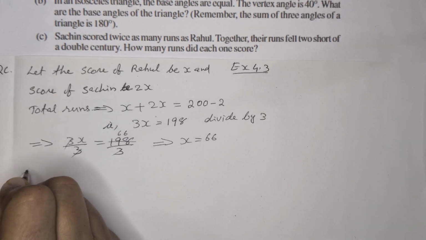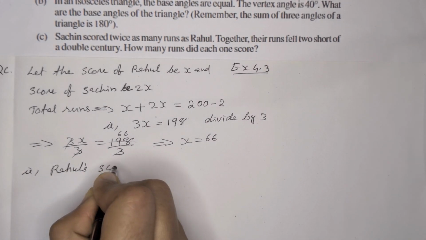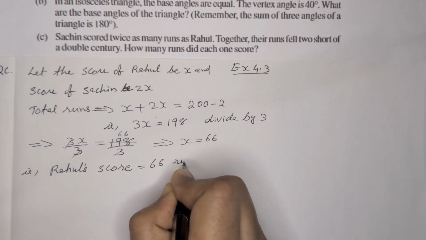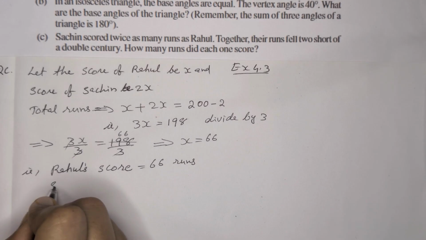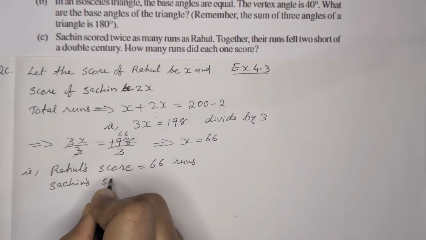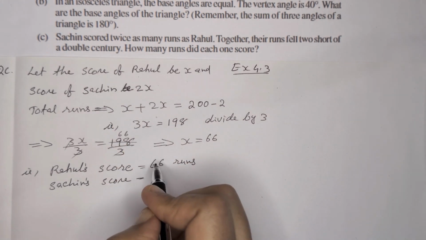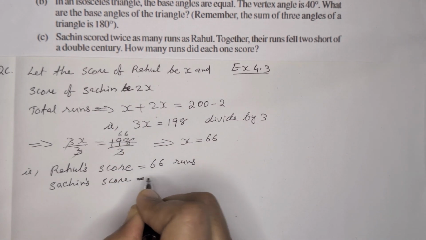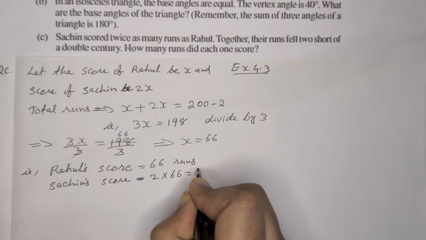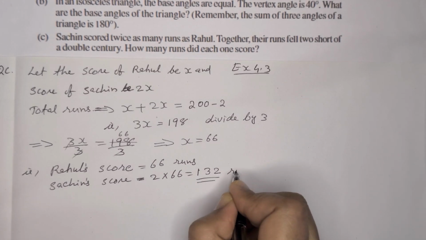So Rahul's score is equal to 66 runs. And Sachin's score is equal to 2x, double of Rahul's score. So 2 into 66 is equal to 132 runs.